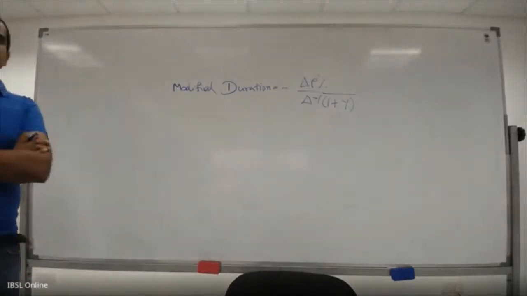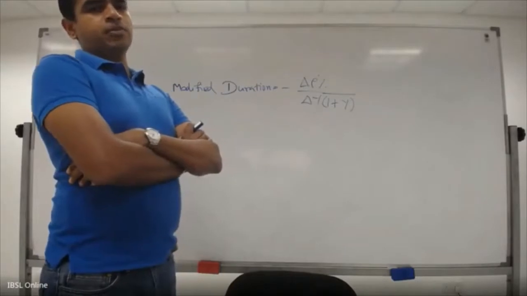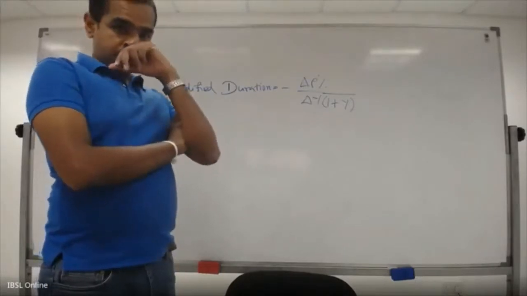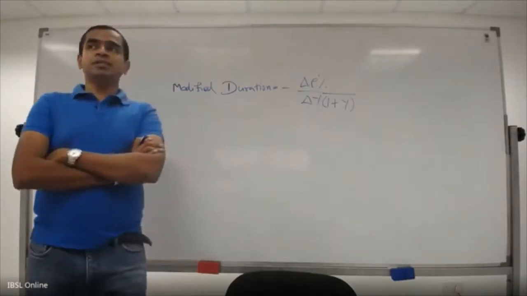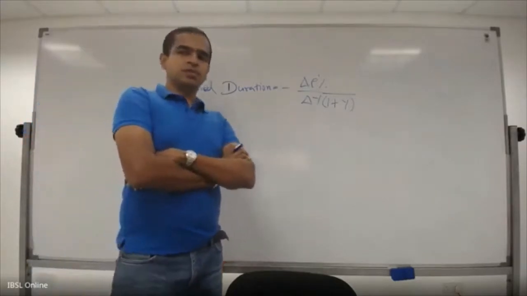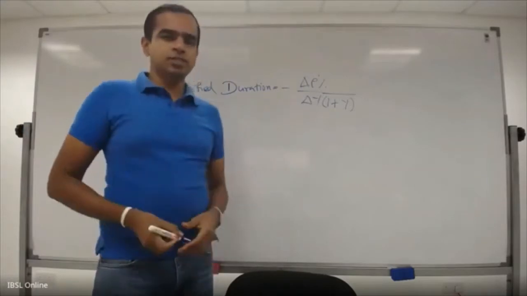So this question seems correct. Yield is going up from 7 to 8%, which means the price has to fall. Right? So the yield has gone from 7 to 8%. That means interest rates or yields have increased by 1%. Price has come down by 5%. So obviously the duration has to be 5.